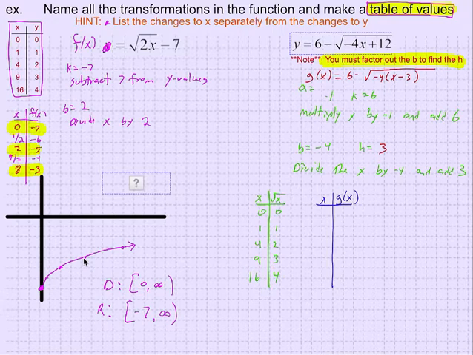I'm going to multiply the y by -1 and then add 6. So multiply 0 by -1 and add 6 is 0 plus 6. Multiply the 1 times -1 and add 6. That's -1 plus 6. Multiply the 2 by -1 and then add 6.